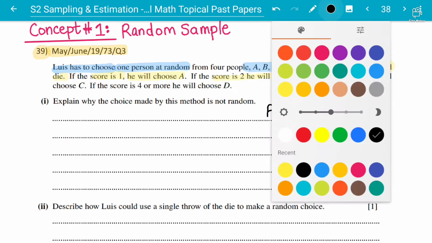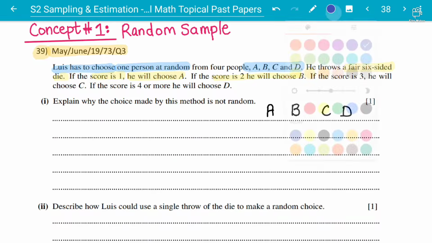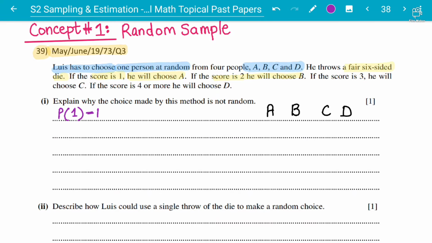So let's write down this probability and this understanding. If the score is 1, we are going to get person A, students. If the score is 2, person B will come. If the score is 3, the person C will come.